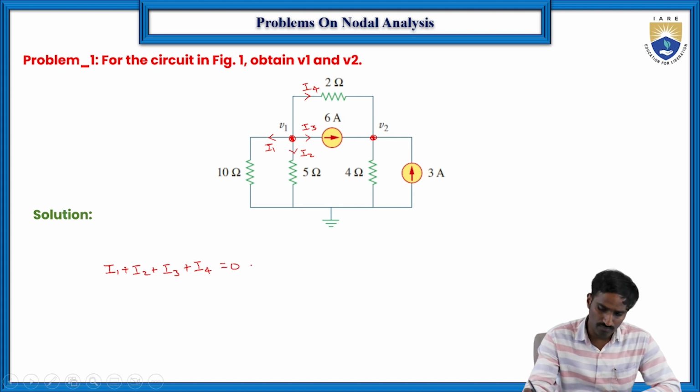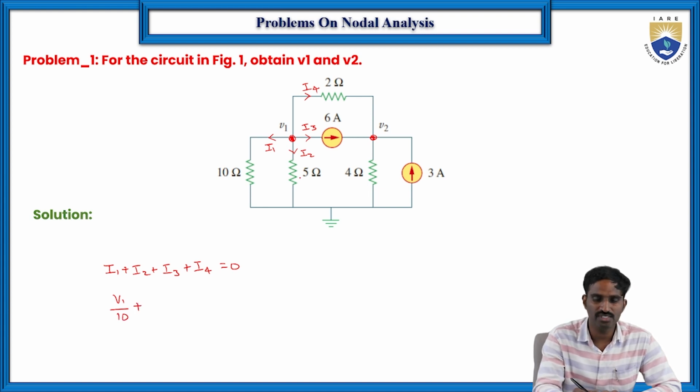So what is I1? I1 is the current flowing through this 10 ohm resistor, which is I equal to V by R. Here V is V1 and R is 10, so it is V1 by 10. Plus I2, the current flowing through the 5 ohm resistor, so V1 by 5.